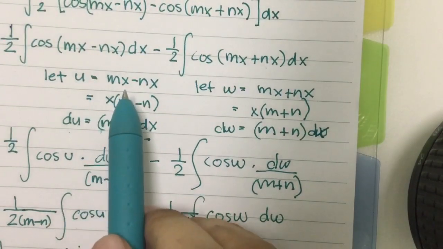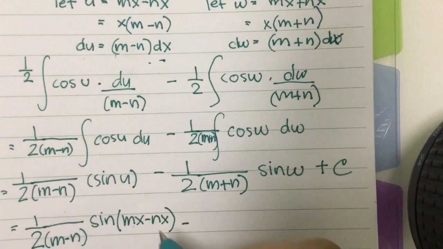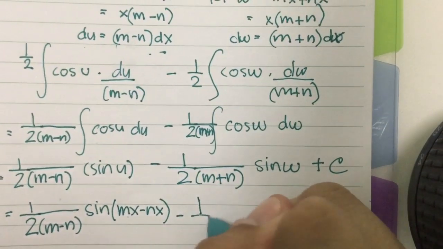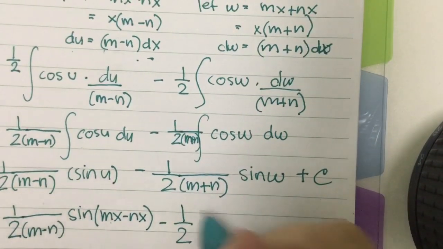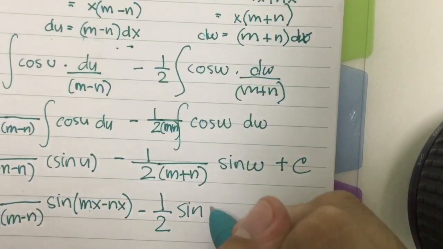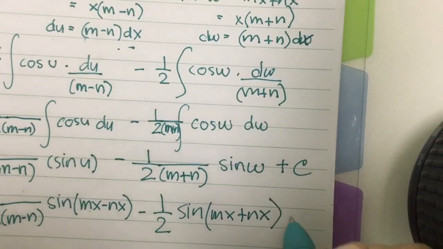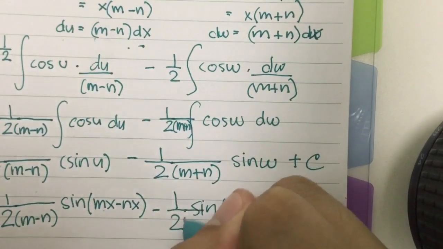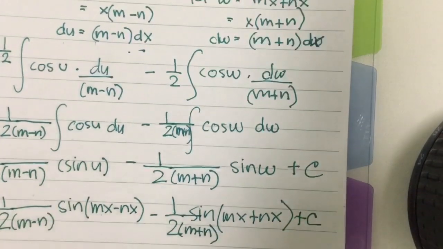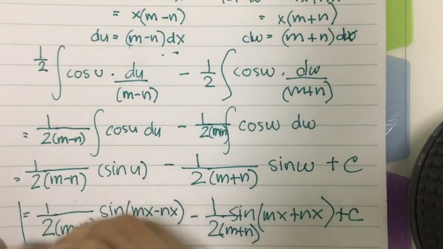For u, we have mx minus nx, and for our w, we have mx plus nx. Oops, we forgot m plus n here. So that's our final answer.